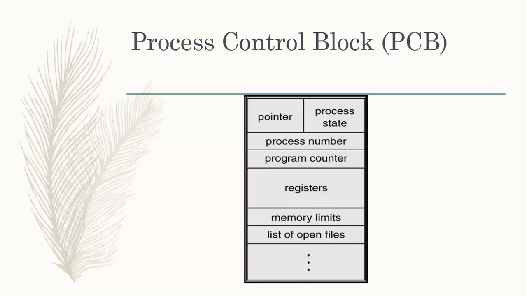The question was quite easy: which kind of data structure is used to represent any process in memory? And the options were stack, queue, linked list, all of the above, or PCB. So the answer was PCB, process control block.